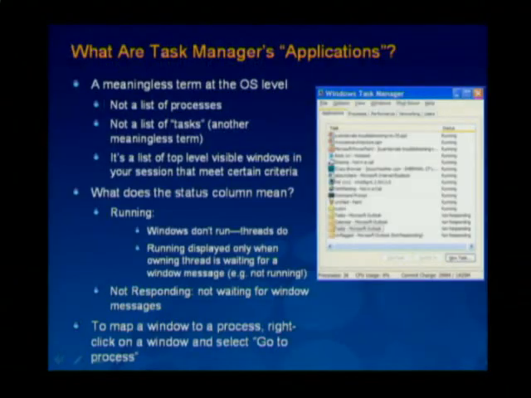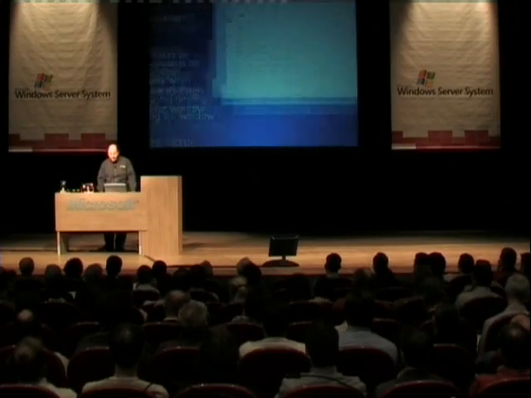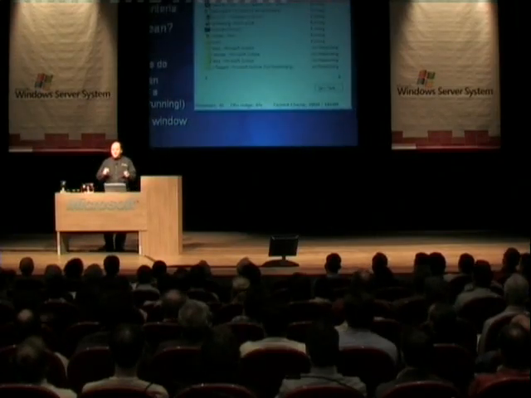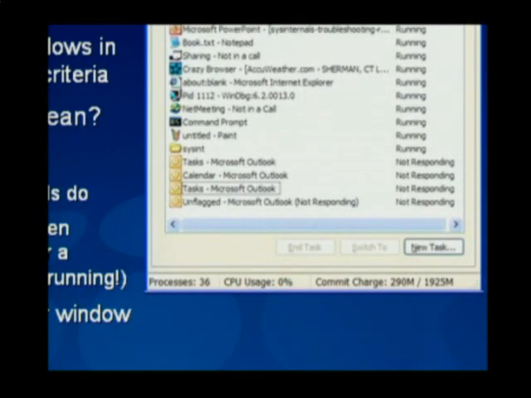The running column is not the status of the window, because windows don't run. Threads run. And running is displayed only when the thread that owns the window is not running, but waiting for a window message. So running means not running. And not responding, which you've probably seen, means not waiting for a window message.